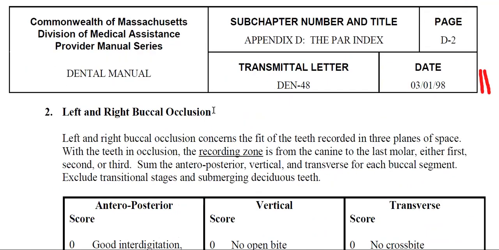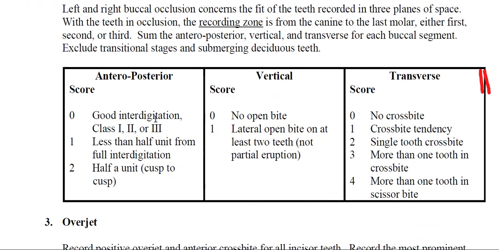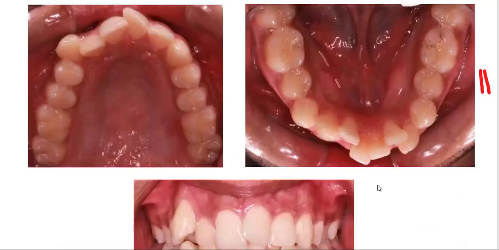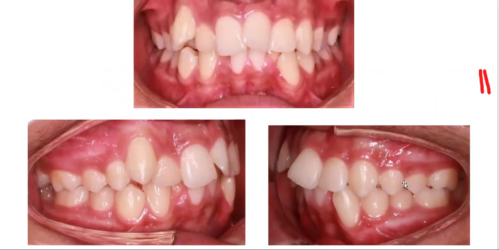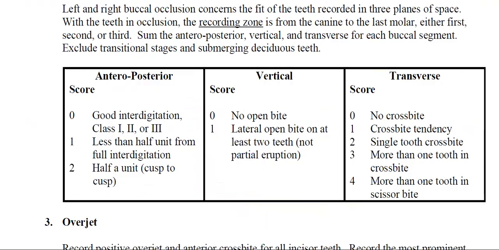So if I move here, right here, and I see my molar relationship, I have a class 1 molar relationship on the left side. On the right side, I have a quarter unit class 2. So I have an extra 1 number from there, right? Because my marking is something like this one, 1 number.